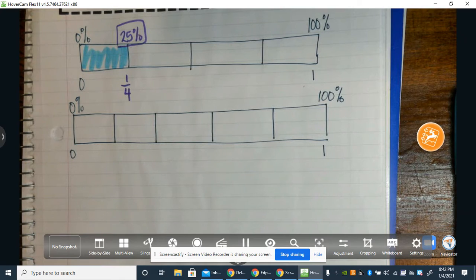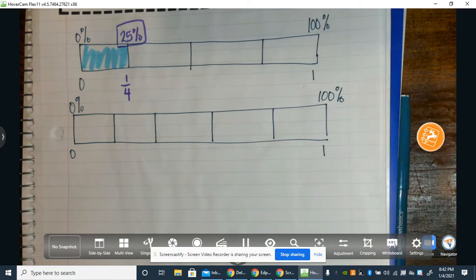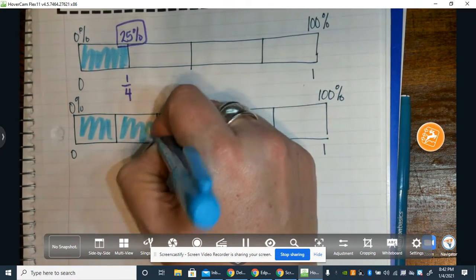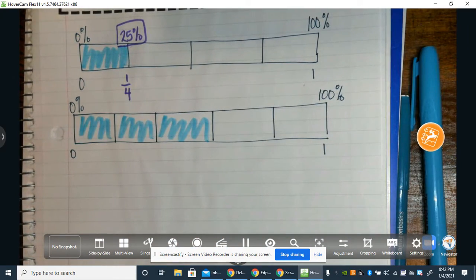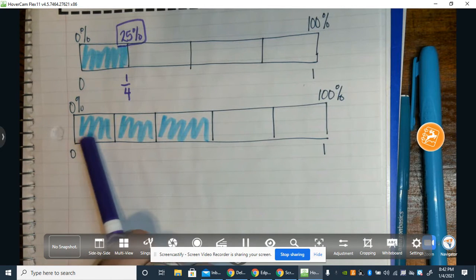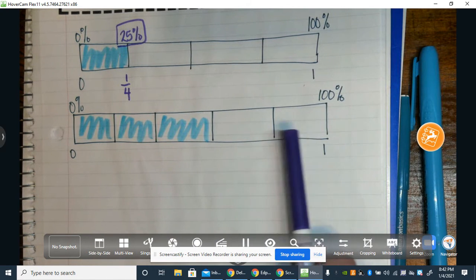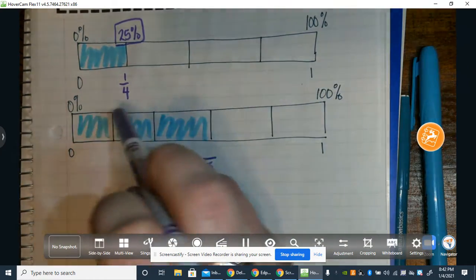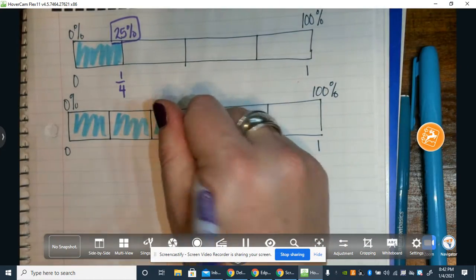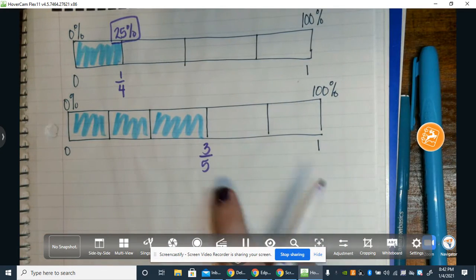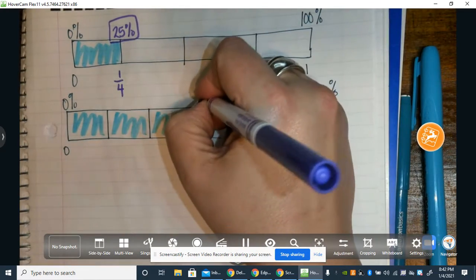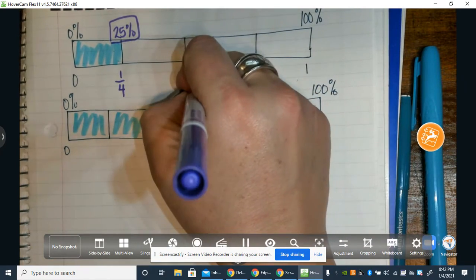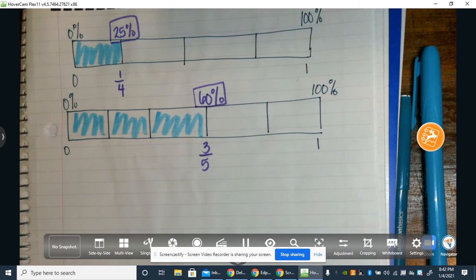I'm doing my best to cut it evenly. I'm coloring in 3 of those boxes. I know I have 1, 2, 3, 4, 5, so my denominator is going to be a 5. And I have 1, 2, 3 shaded, so I have 3/5. And 3/5 of 100 is 60%. So that's how I would represent 60% as a model.